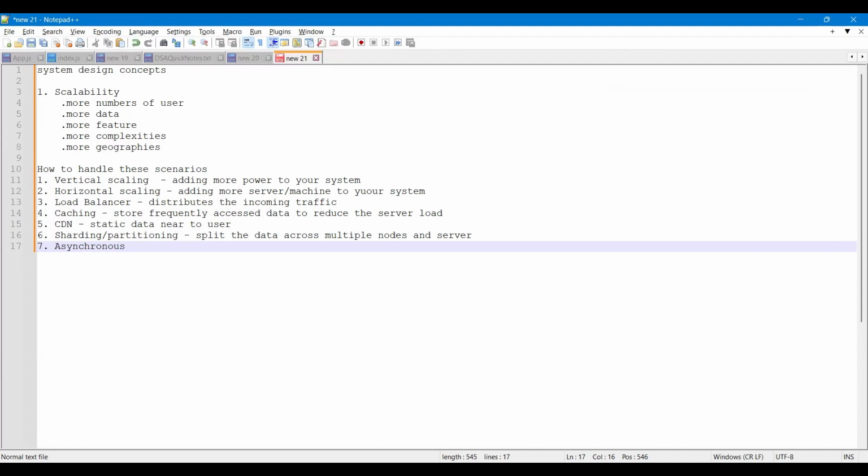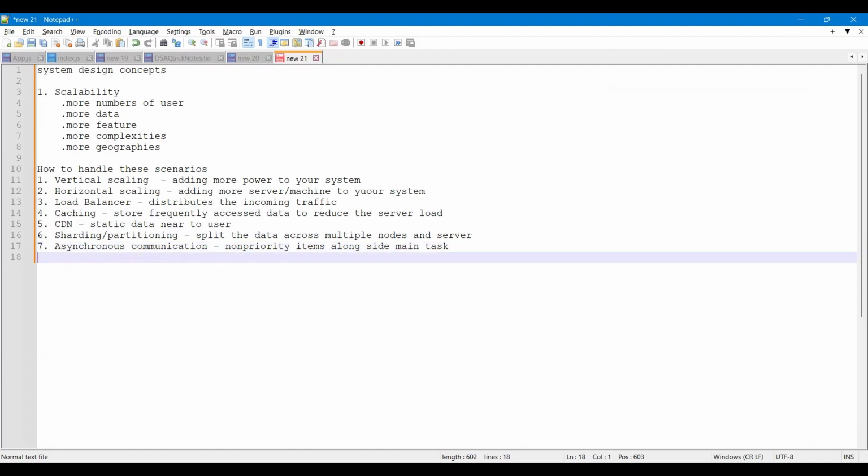So we do async communication so that our application works as it is, and non-priority items can work side by side alongside the main task. Okay, so that it saves a lot of time.